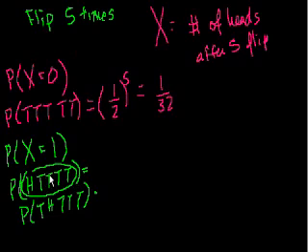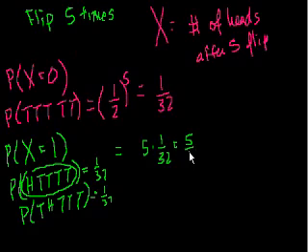There's actually 32 possible scenarios, right? And there's 5 situations like this, because the heads could be in any of the 5 spots. So the probability that we have exactly 1 head is equal to 5 times 1 over 32, which is equal to 5 over 32. Fair enough.